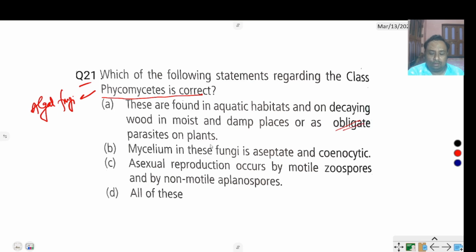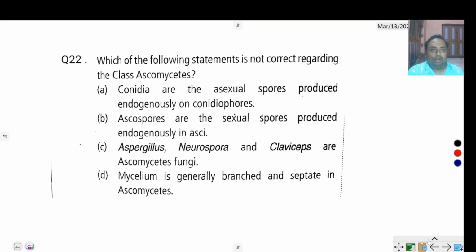Mycelium in these fungi is aseptate and coenocytic. Asexual reproduction occurs by motile zoospores and non-motile aplanospores. So all of these is the correct option. All options are correct about Phycomycetes or algal fungi.